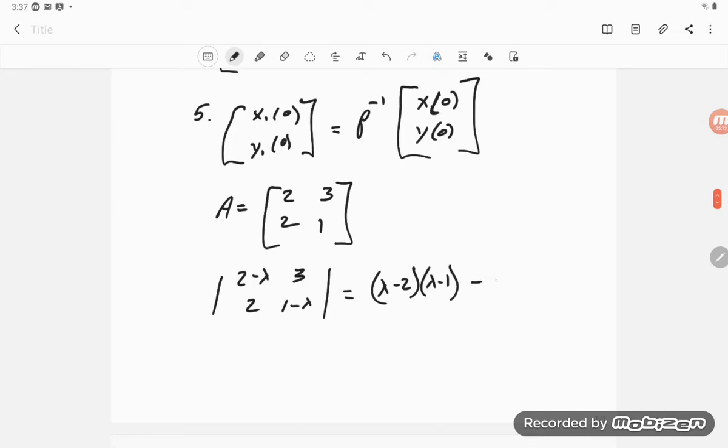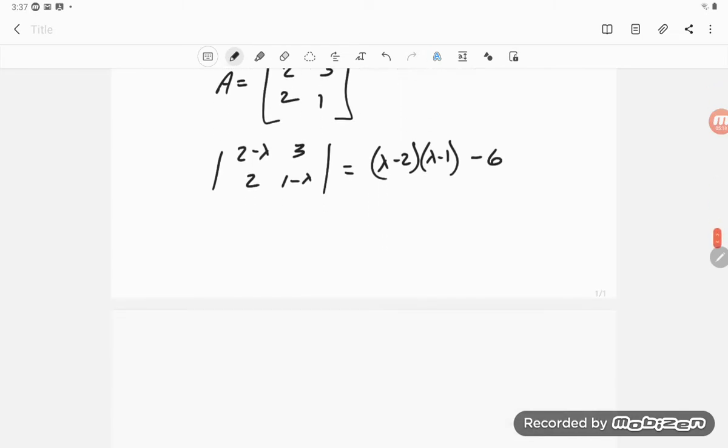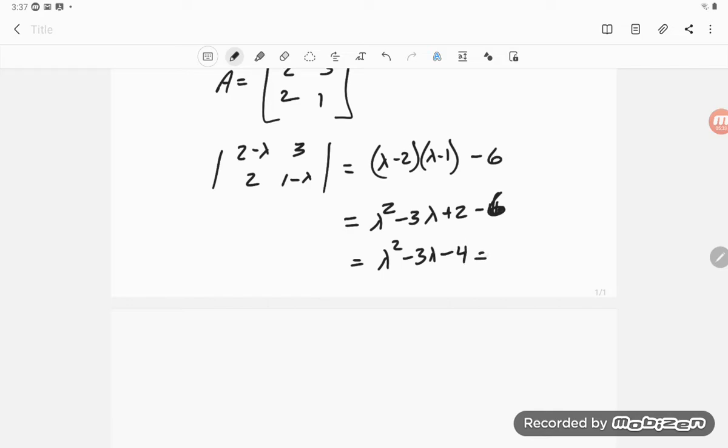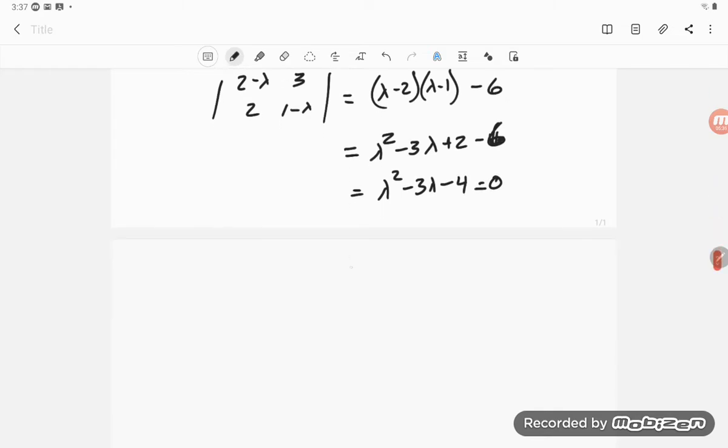And then minus 6. So this is lambda squared minus 3 lambda plus 2 minus 6. So that'll give us a minus 4. So that's lambda squared minus 3 lambda minus 4 is equal to 0.